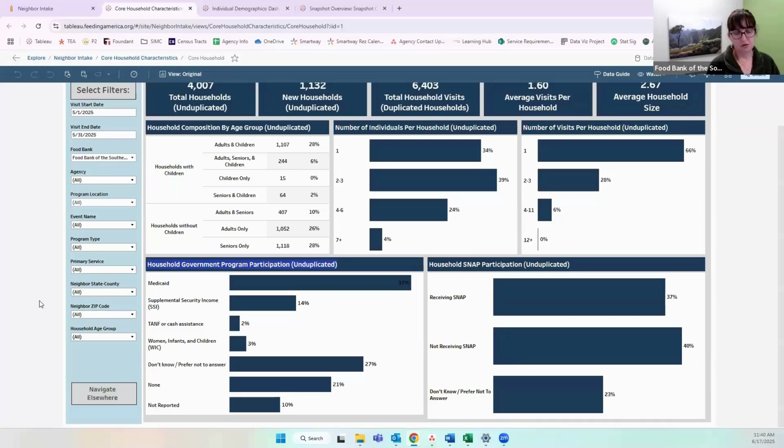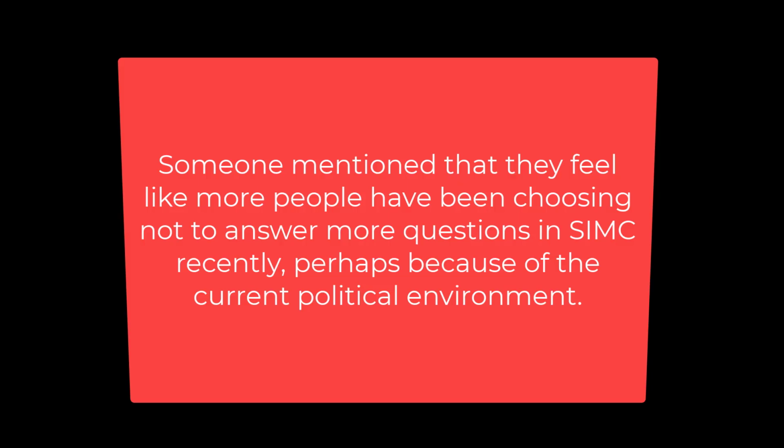If anything, it would be an under report, right? So I think you could say, at least 37% of households report that they were on Medicaid, but it might be an undercount. SNAP should be pretty accurate because that question is required and part of the TFAP attestation. But you can see there's a lot of don't know, prefer not to answer for that question.